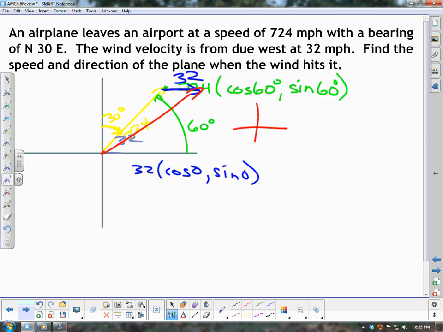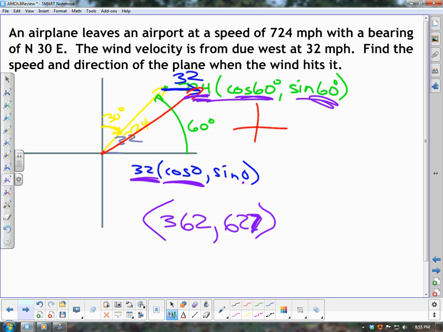So you're going to take 724 times cosine of 60 plus 32 times cosine of 0, and you will get 362. And then you'll take 724 sine of 60 and 32 times sine of 0, which is going to be about 627. And that's that vector.